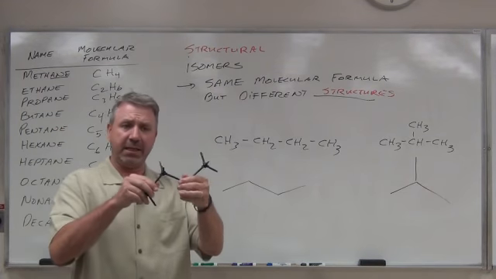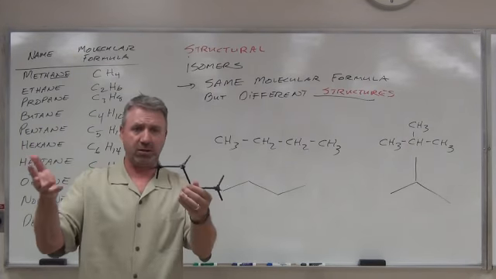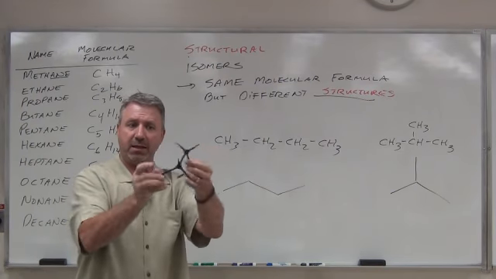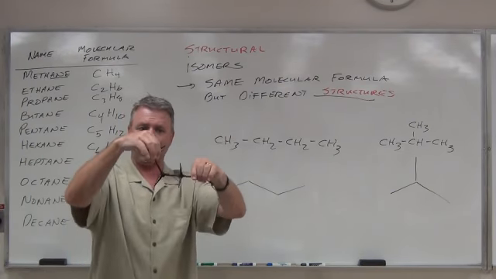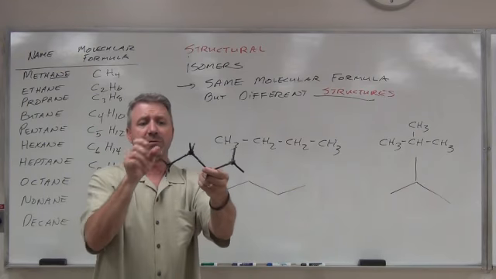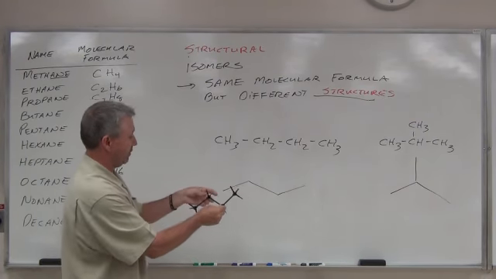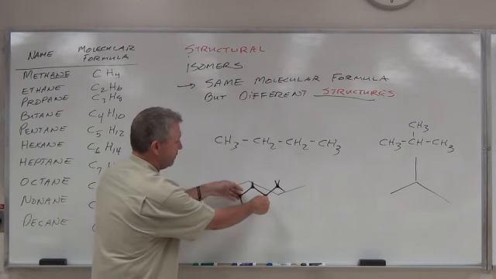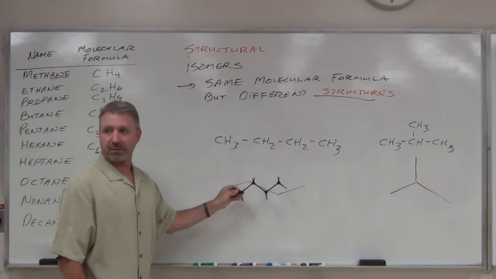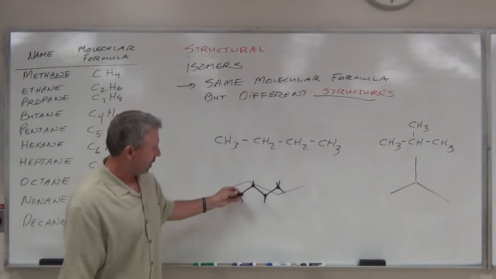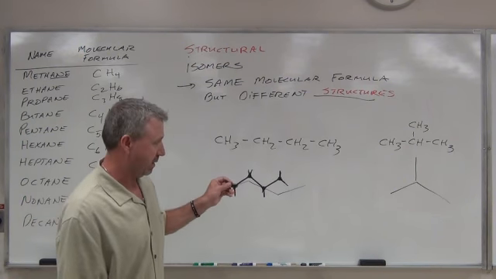And incidentally, anything you can do with this model kit, you can do in real life. So these bonds are vibrating in this constant kind of motion, right? If you look at butane, one thing about the line structure, if you see the backbone here, it gives you very realistic bond angles. It gives you a real good geometry of what the actual molecule looks like.